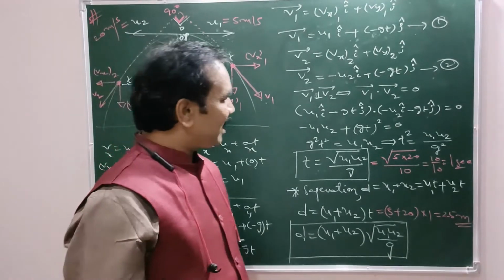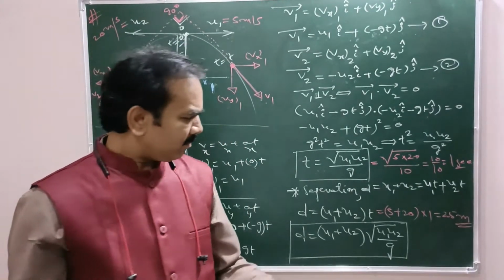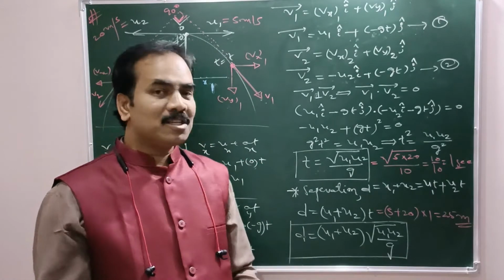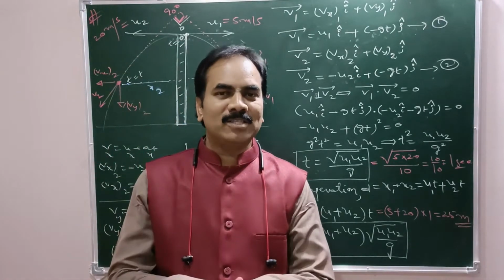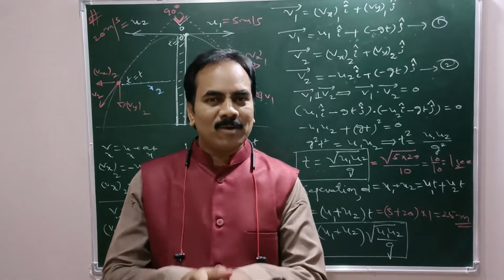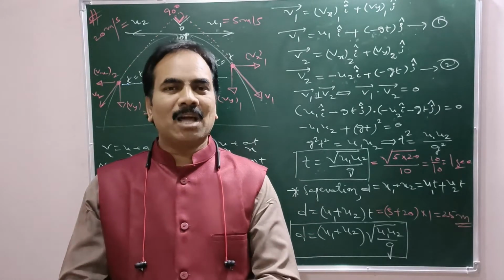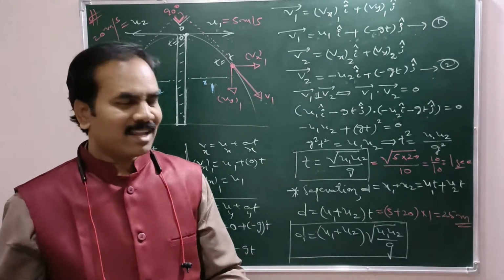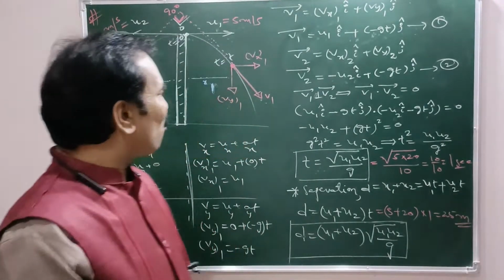So that's how one can find the separation between the projectiles and the time after which they move perpendicular to each other, if they are projected horizontally opposite to each other from the top of one tower, both projected simultaneously. Now coming to one more model.